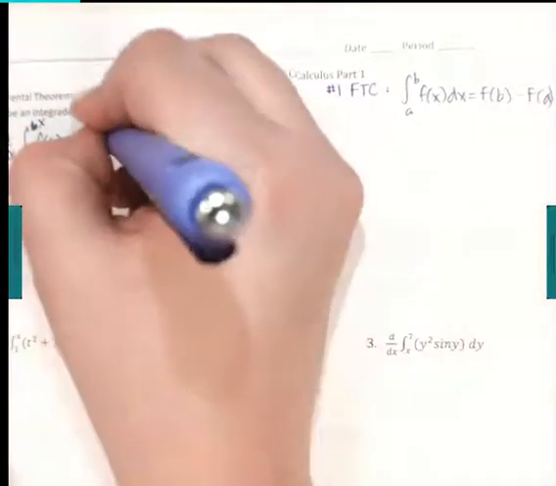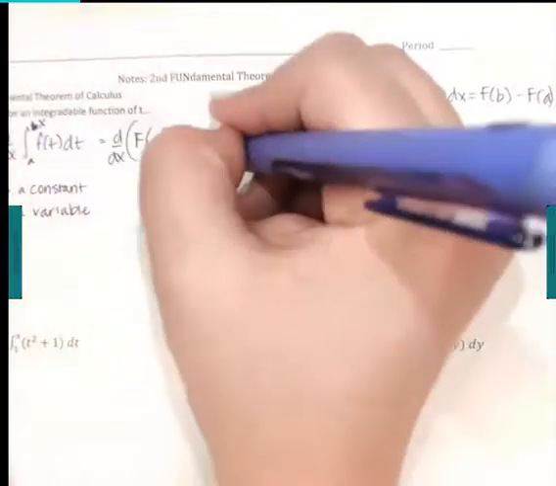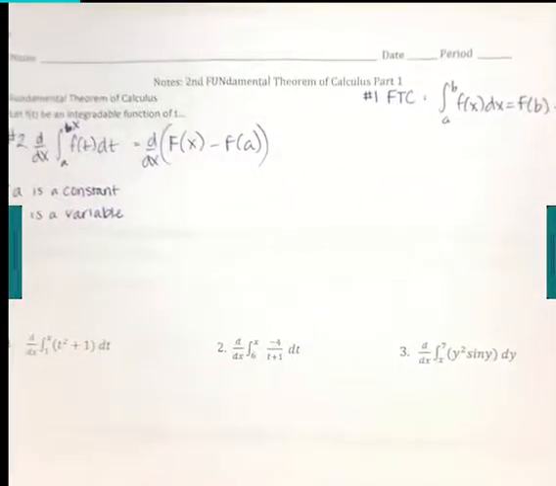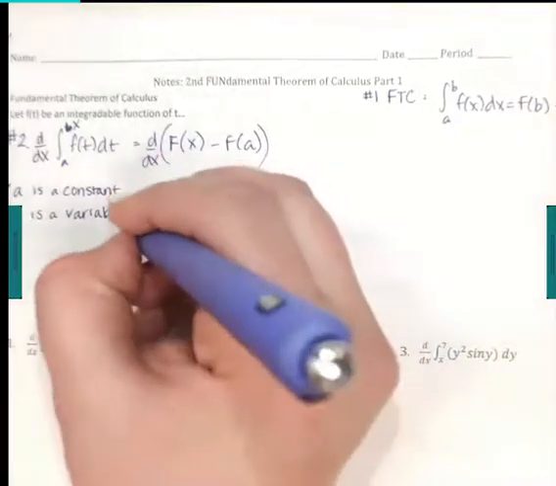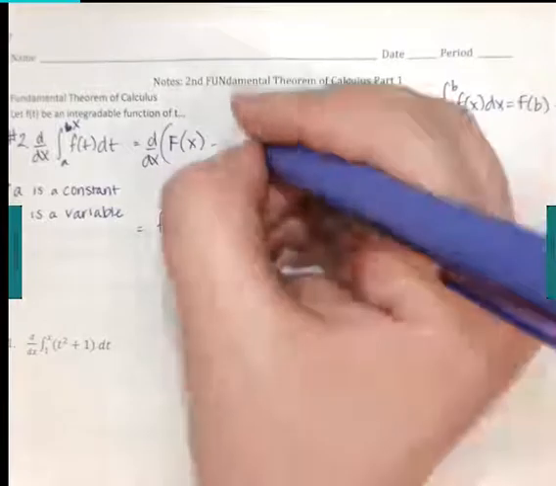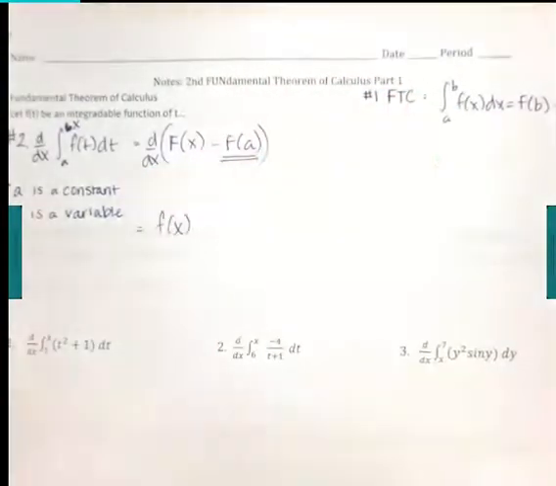Now, what did I have in the front that I was ignoring? So, put your derivative back. And now think about it: if I'm taking the derivative of capital F of x minus capital F of a, what's the derivative of capital F now? Back to small f. And then F of a is the constant a plugged into a function.